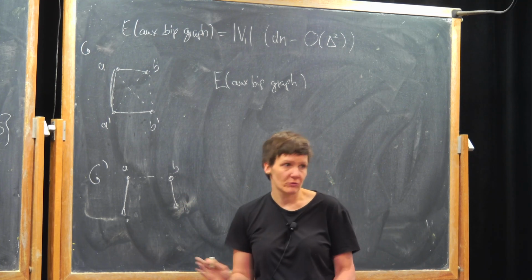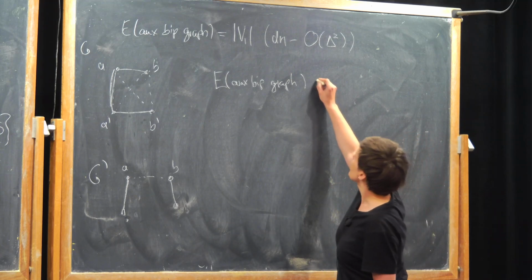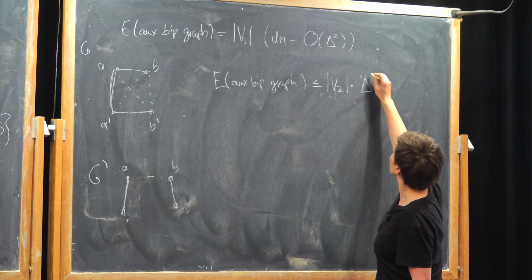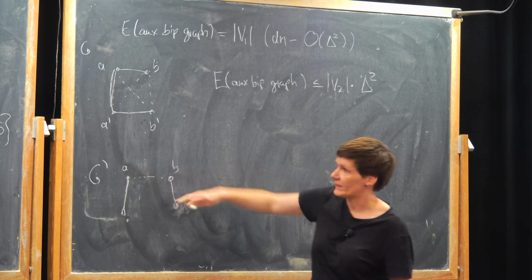I might not be able to do any of those things if I'm in a bipartite graph or something, but it's at most the size of V2 times delta squared. Okay, at most one here and one here.